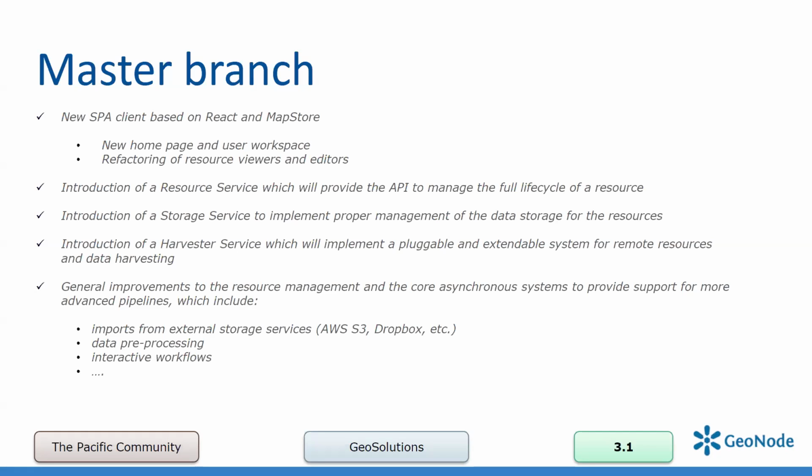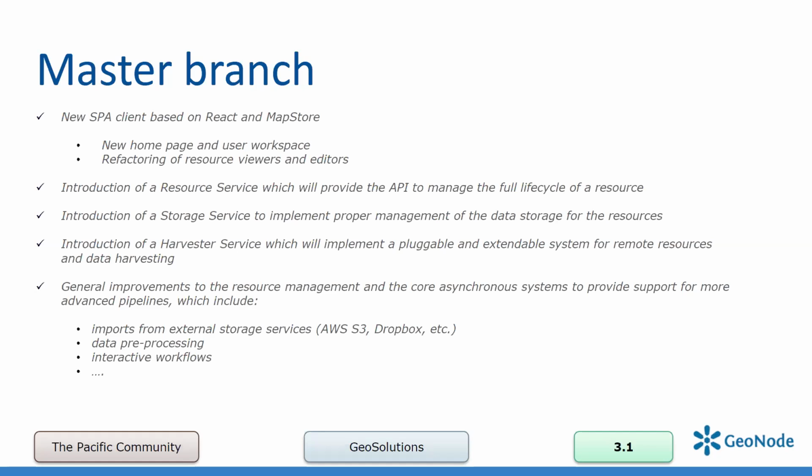After that, the resource service comes into play, and it will manage the status of this resource, even if it's not in the catalog yet. So has it been ingested, processed, what is the status of the resource? And finally, it publishes it in the catalog and makes it available as a resource as we know them.